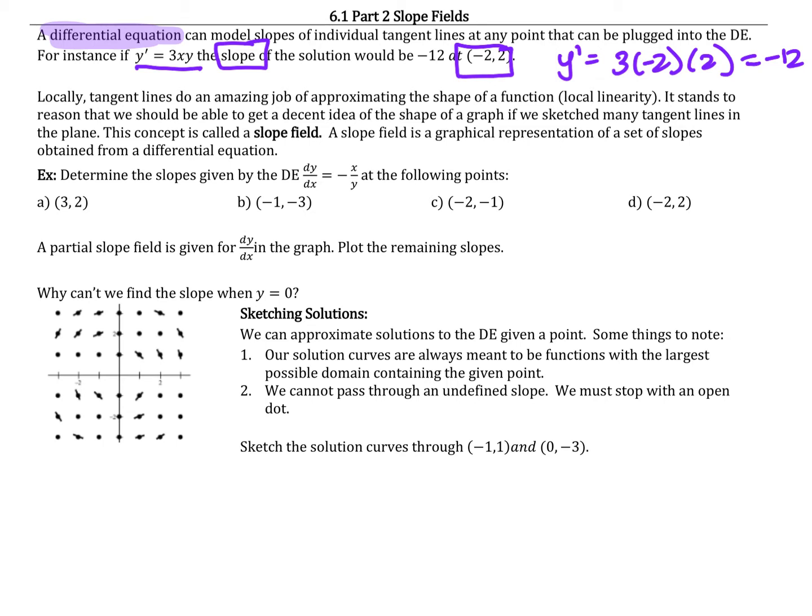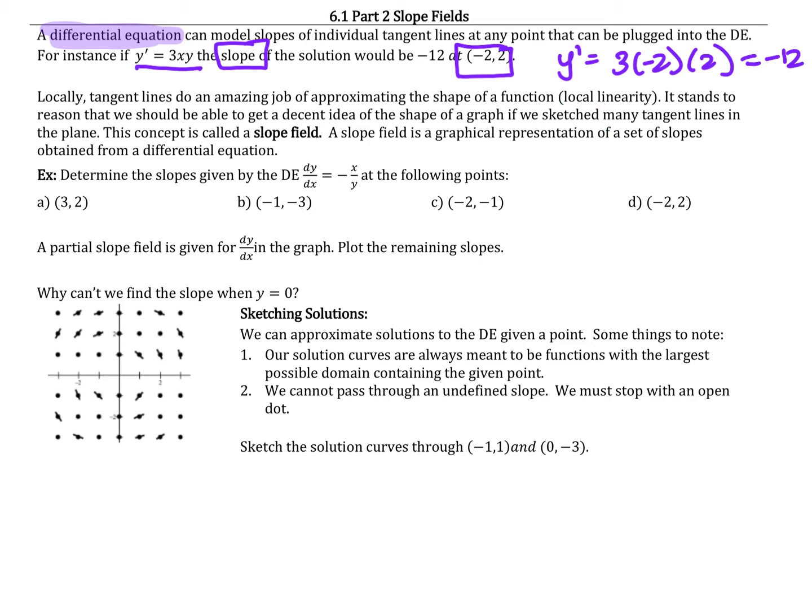So the idea in a slope field is that we talked about earlier in the year how the more and more tangent lines we have, the better an approximation we can get. So locally, or close to a particular value, tangent lines do a really great job of approximating the shape of a function. That's the whole idea of local linearity.